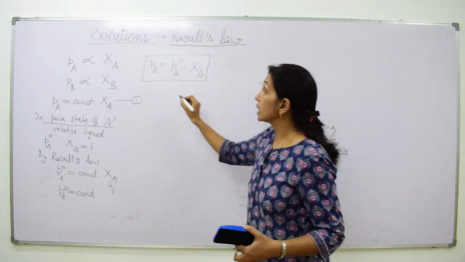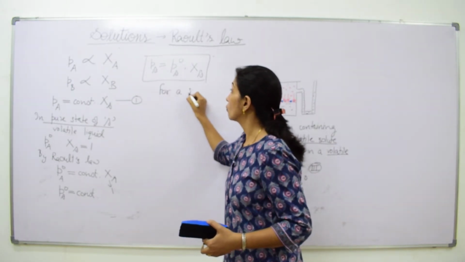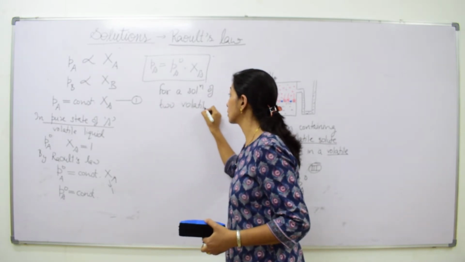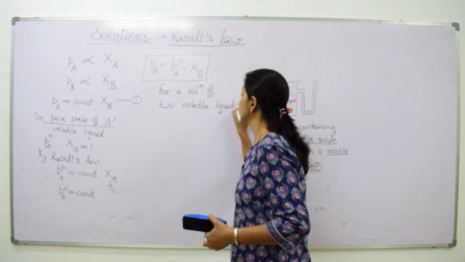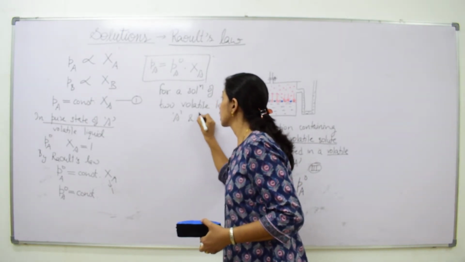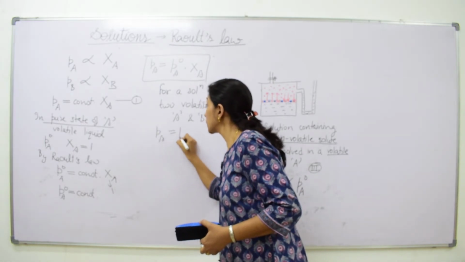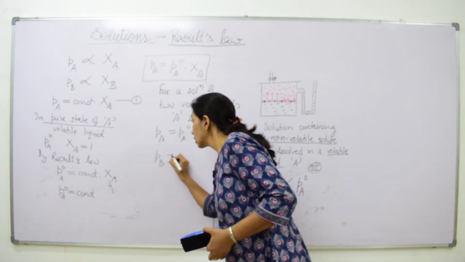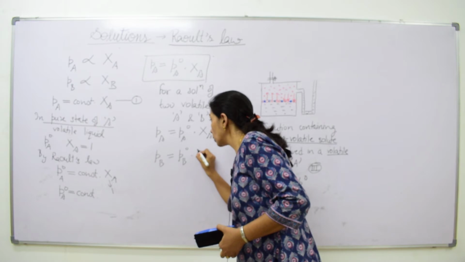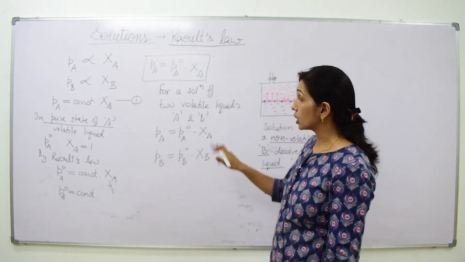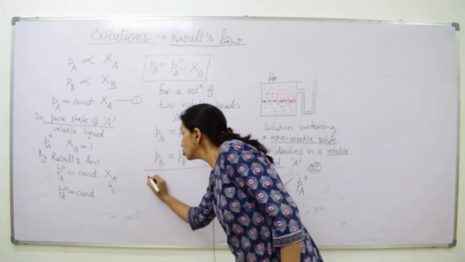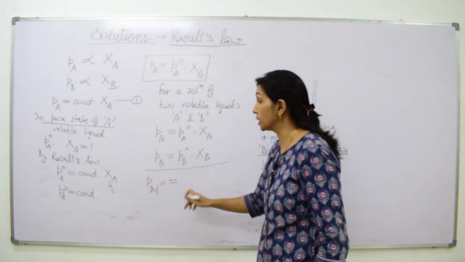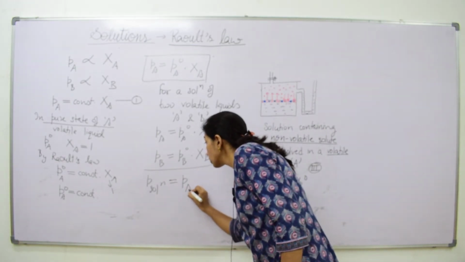Now, for a solution of two volatile liquids A and B, PA will be equal to PA naught into XA, and PB will be equal to PB naught into XB. From Dalton's law, we know that P solution will be equal to PA plus PB.